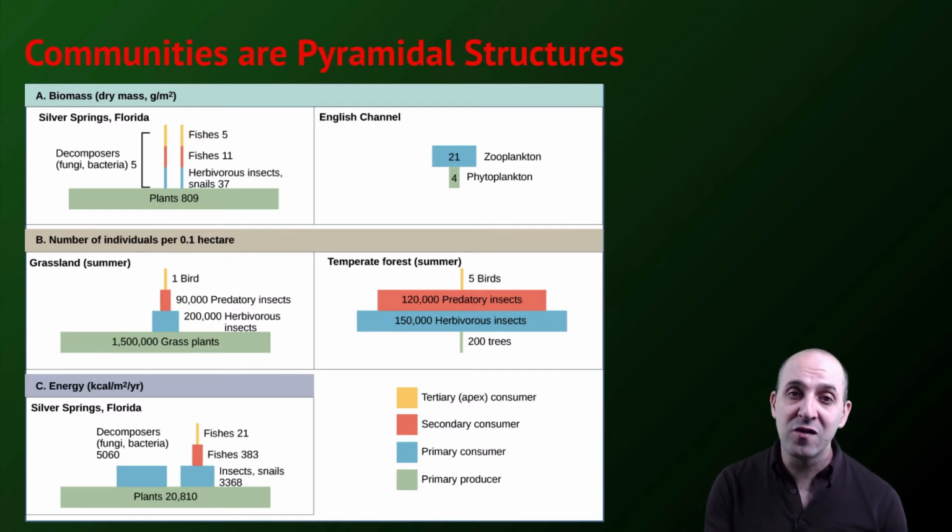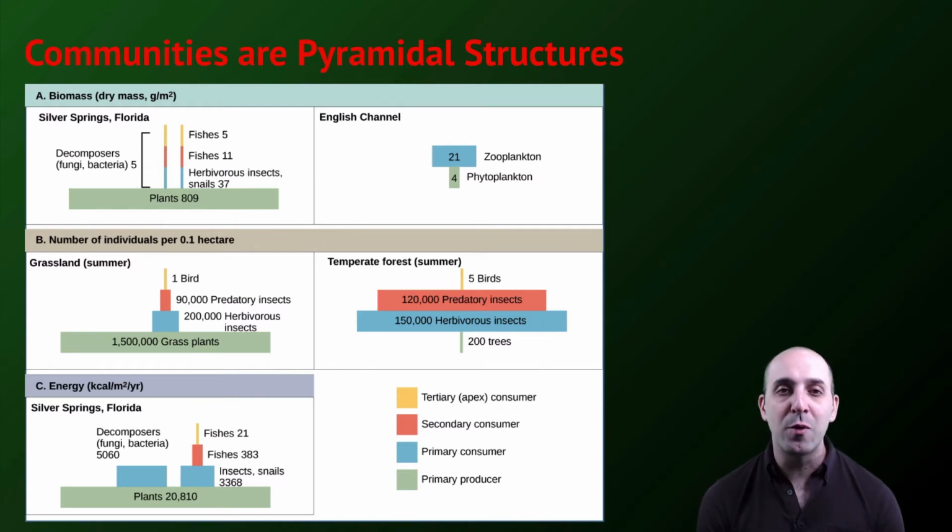There's more at the primary consumer level than the secondary consumer level, and so on and so forth. This graphic is showing us the different ways that we represent these pyramidal relationships, either as biomass or number of individuals or energy, but in each case we see a classic pyramidal structure describing the overall trophic structure of the community, which is absolutely a consequence of the way that energy moves through a community.